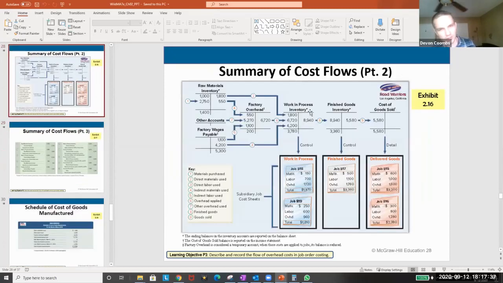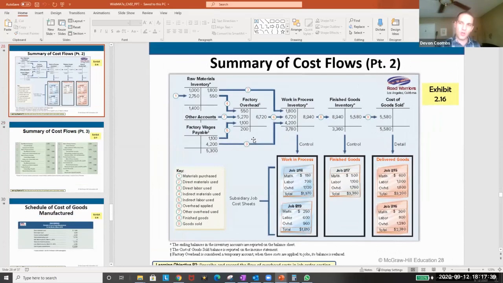And so they're showing here, I know this is a lot, but just trying to follow the flow. We purchased materials here. Direct materials used went into work in process. Direct labor used went from factory wages payable into work in process.